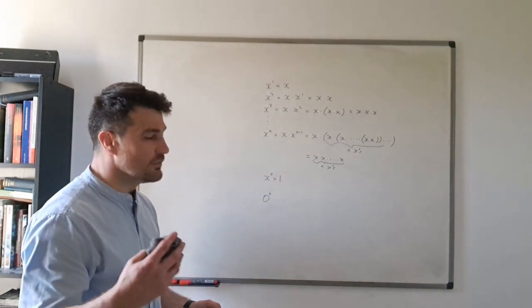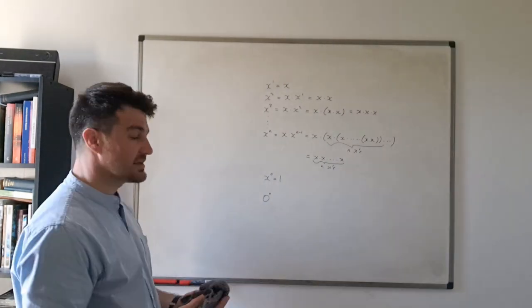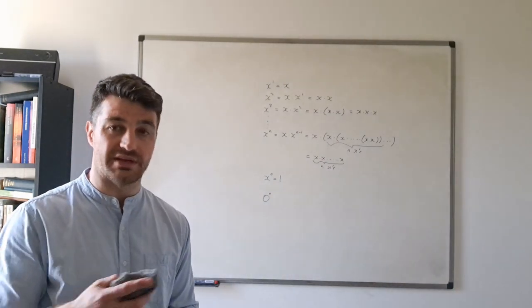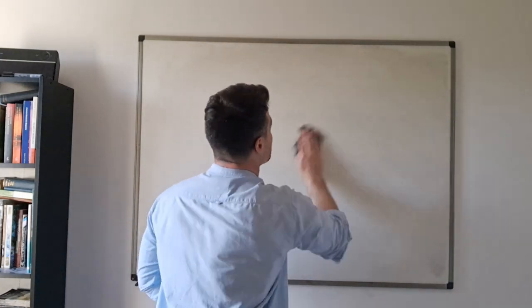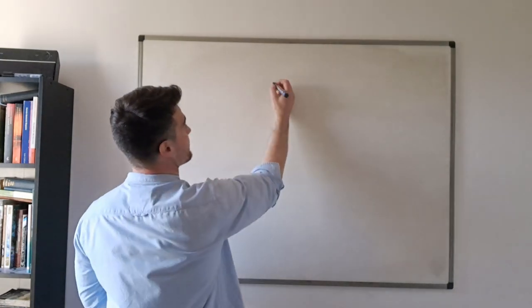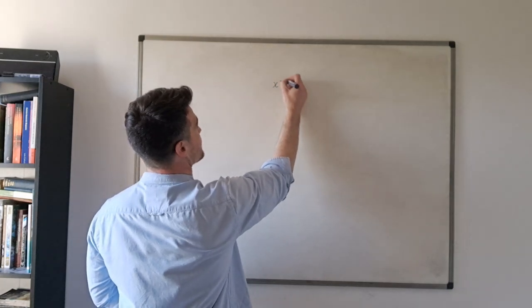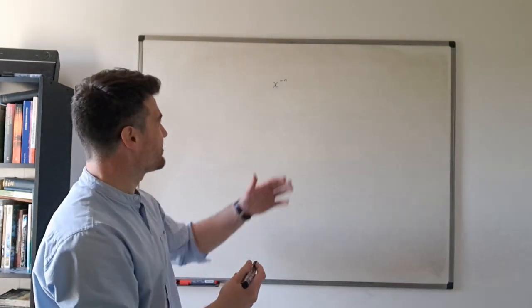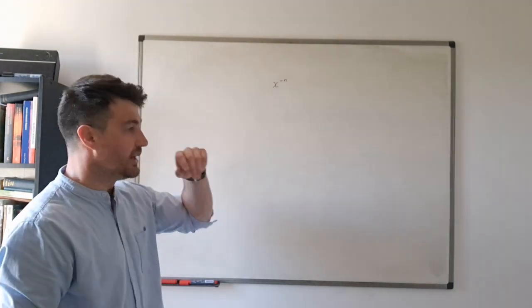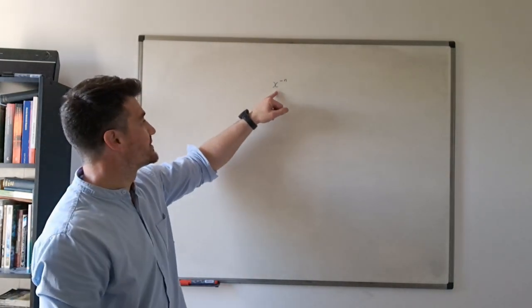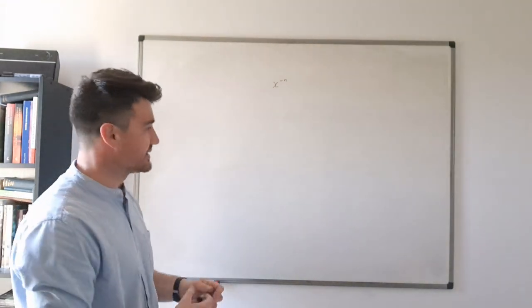Okay, so where next? I think the next logical step for us to go would be negative integers, right? So let's have a look at how I can define x to the power of minus n. I'm going to assume here that n is a positive integer, possibly 0. So x to the power of minus n is definitely going to be negative, okay?